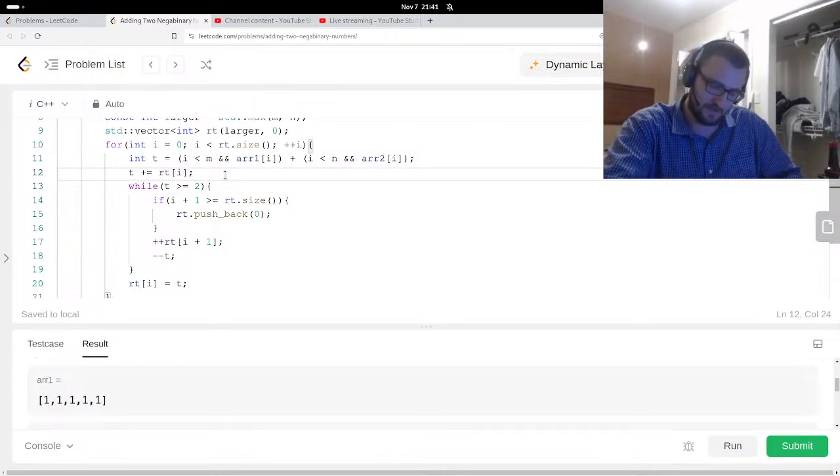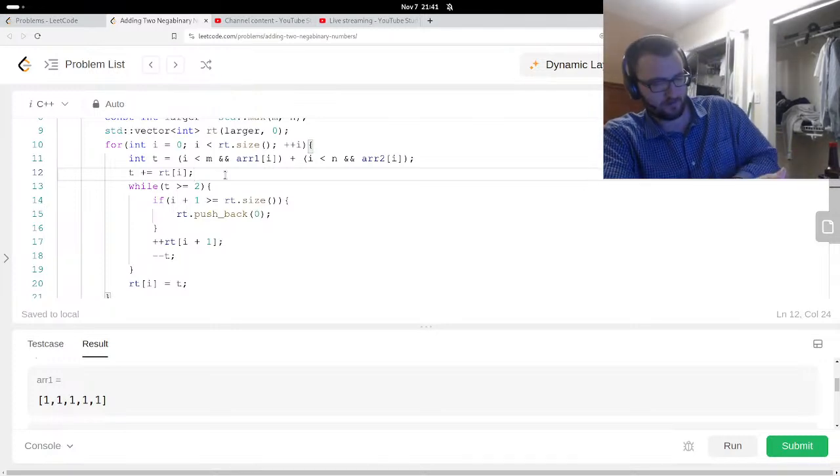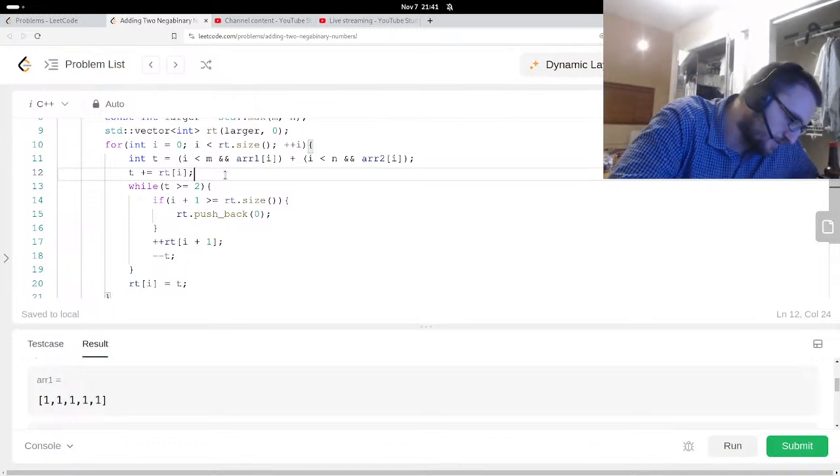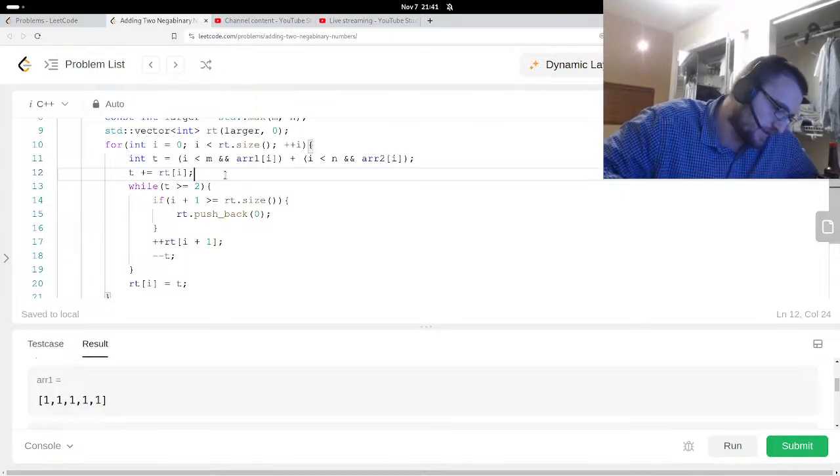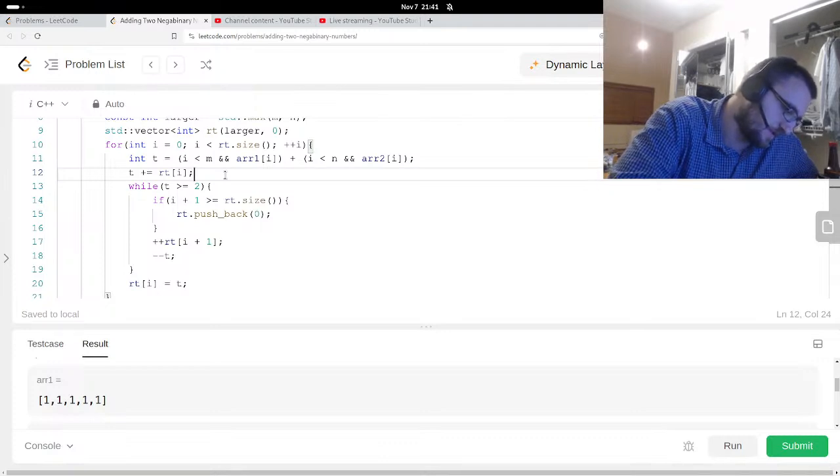Interesting. Let's try again. So 1 0 0 1 1 gets 2 0 0 1, and this 2 times negative 2 to the 0.